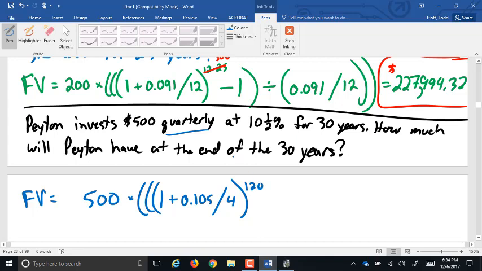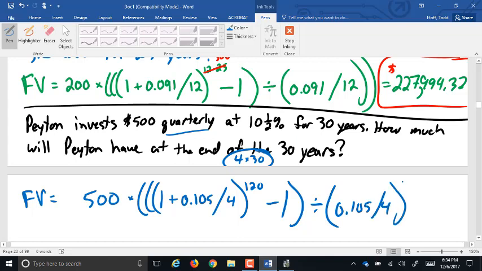That is 4 times 30. Minus 1, close parentheses, divide by, open parentheses, 0.105 divided by 4, close and close.